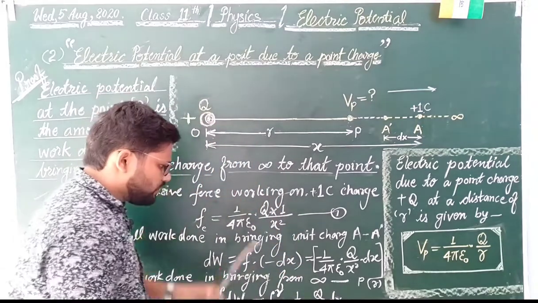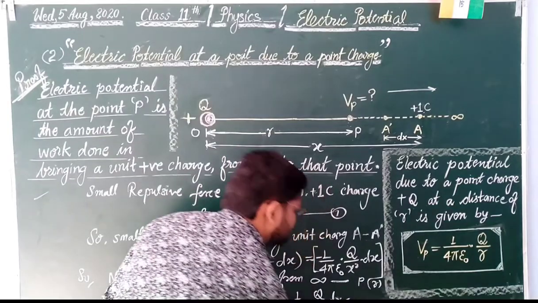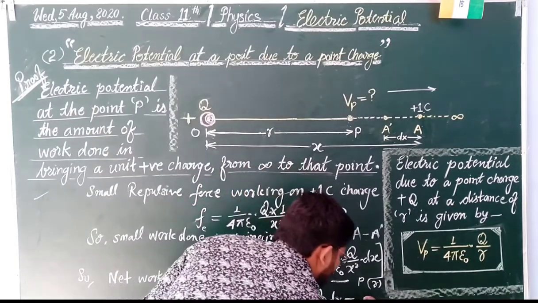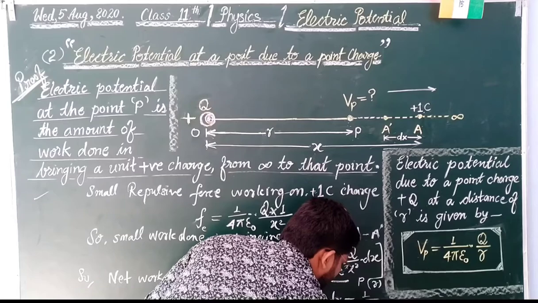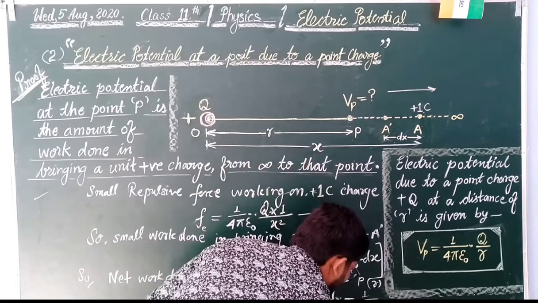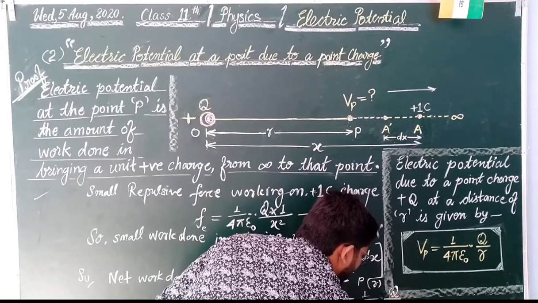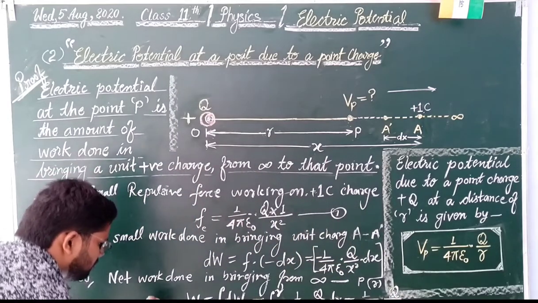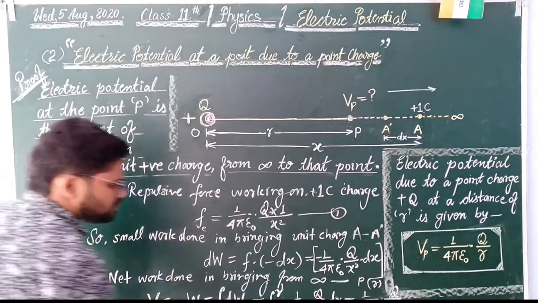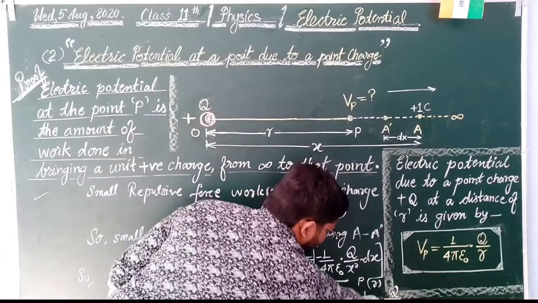If you solve this, you will get 1 upon 4 pi epsilon naught into q upon r. So this is the electric potential due to a point charge, proved.